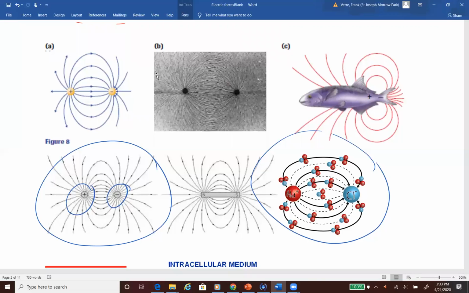If you watch the TED Talk, he'll talk about how, if you remember cell division, in cell division the chromosomes have to line up.